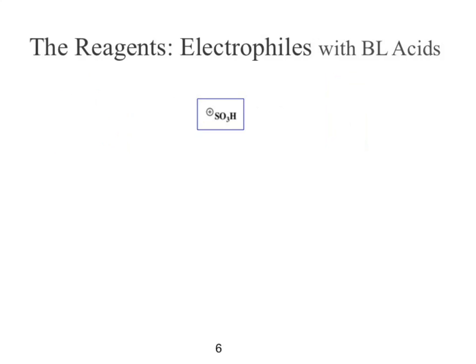We can generate another electrophile. Any ideas where this one's coming from? Does it look kind of familiar? What happens if we take sulfuric acid and we give it more sulfuric acid? We make it uber concentrated.